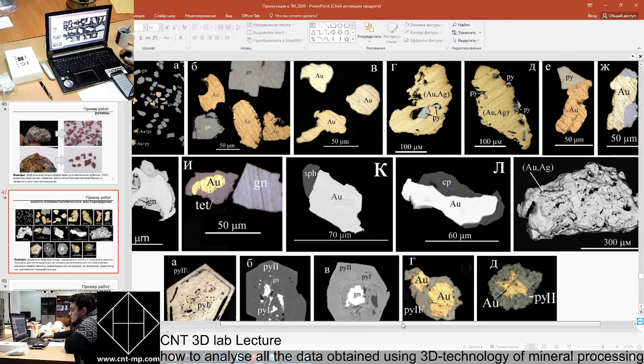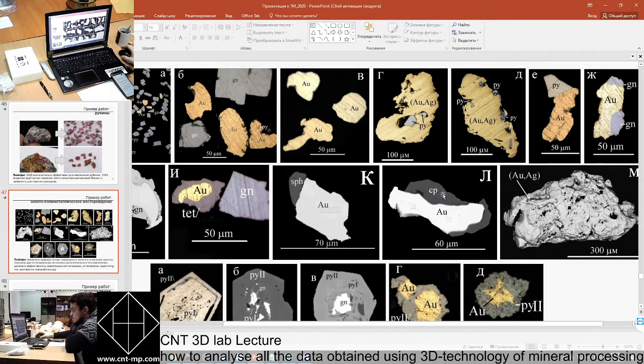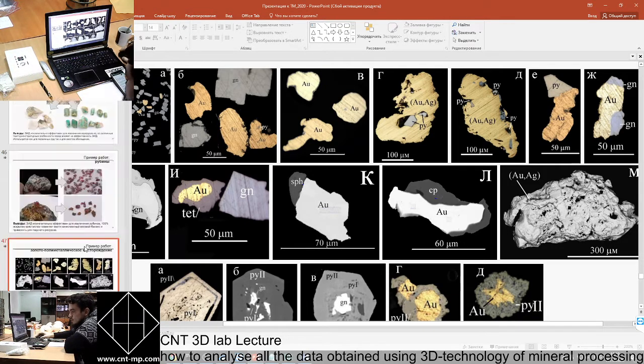There are also simple intergrowths of native gold with pyrite, with galena, with tetrahedrite, with chalcopyrite, and etc. So we can measure the square of each grain, and moreover we can measure the square of only gold and only of pyrite, and make a special statistic on that.